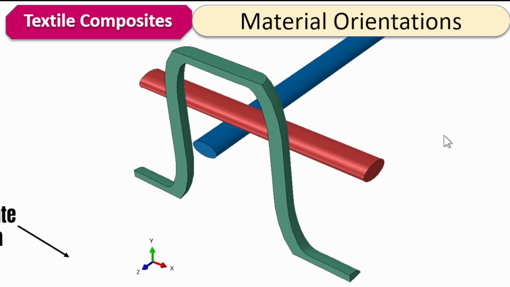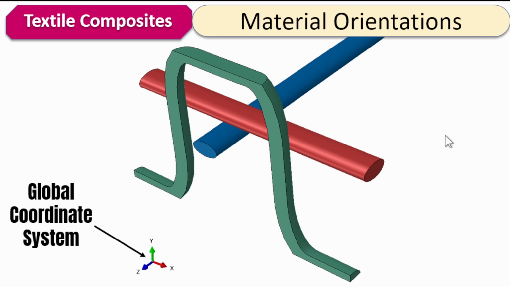In principle, what that means is that the global coordinate will remain, and it would not be required for specifying what's happening in the local coordinate system. Now we begin to have the local coordinate system for the yarn. For the binder, you start off with this orientation, which is coincident with the global one, and then as you travel along the length of the fiber, the primary axis, the 1 axis, keeps changing as you move along.